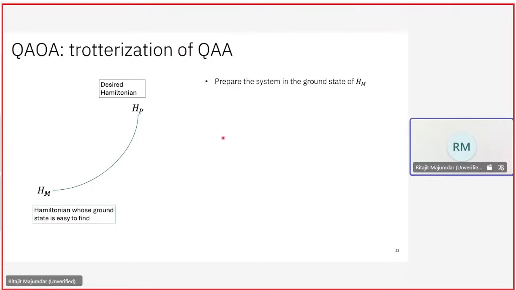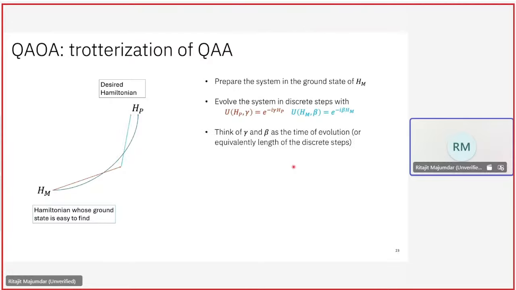The first thing that we do, we prepare the system in the ground state of HM that remains here. Now we evolve the system in discrete steps. We have this problem Hamiltonian, we have this mixer Hamiltonian, and we prepare a quantum gate, which is a unitary. You can always double check that this HP is Hermitian, HM is Hermitian.